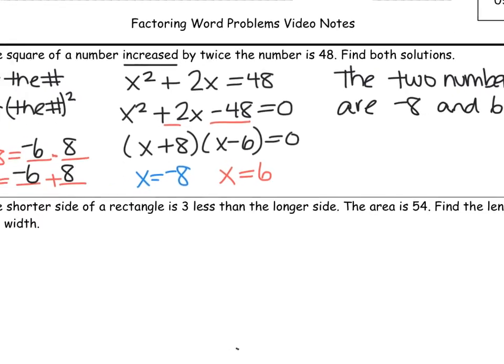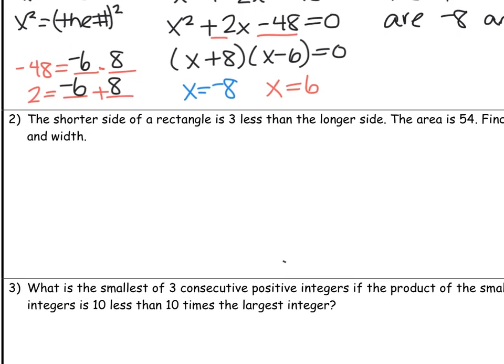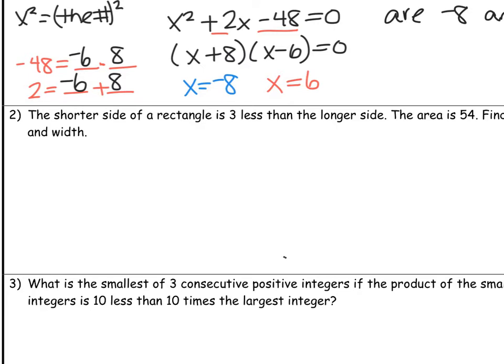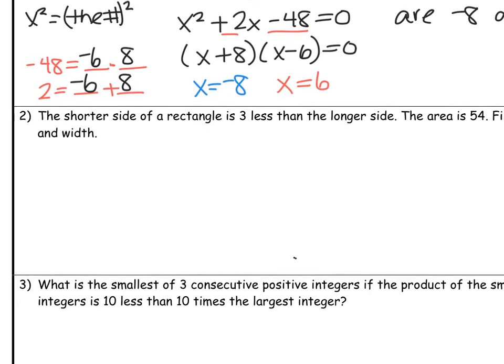Okay, if it involves a geometry problem like question number 2, we want to draw a picture. So the shorter side of a rectangle, we're going to draw a rectangle, is 3 less than the longer side. So let's call that the length, and this will be the length minus 3. If you want to refer to them as x and y, that's fine too.